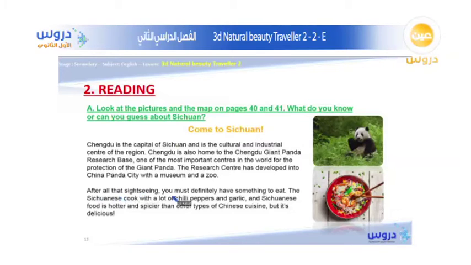After all that sightseeing, you must definitely have something to eat. The Sichuanese cook with a lot of chilies, peppers, and garlic. Sichuanese food is hotter and spicier than other types of Chinese cuisine, but it's delicious.